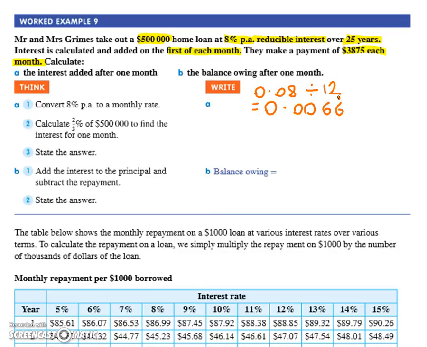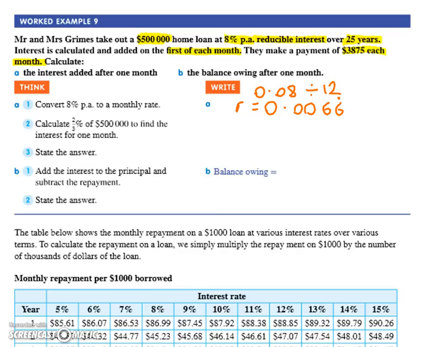So now we're going to do 2/3% of the 500,000 because that's the interest we've been charged. Cool? So this is I. How do we calculate that? Oh, actually, I shouldn't call that I, I should call that R. Sorry, that was stupid.